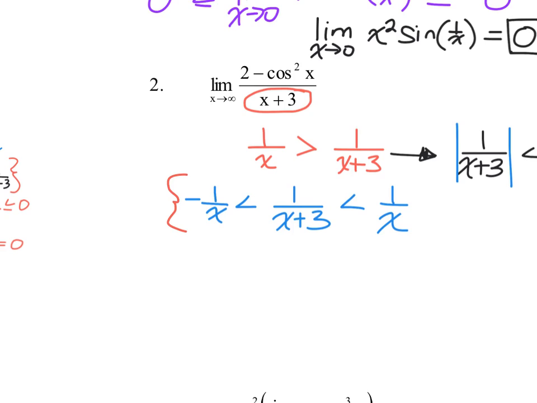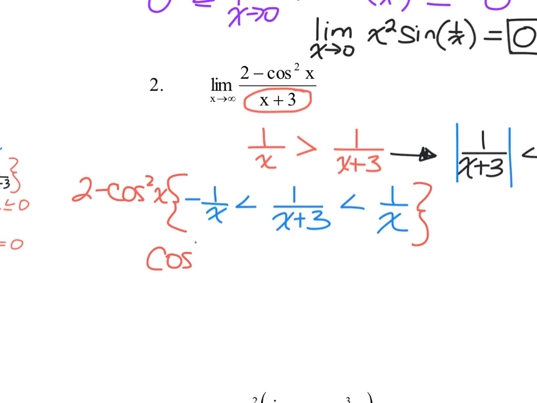We would then multiply everything by the 2 minus cosine squared x. So we'd have, well, I'll distribute the negative on the fly here.